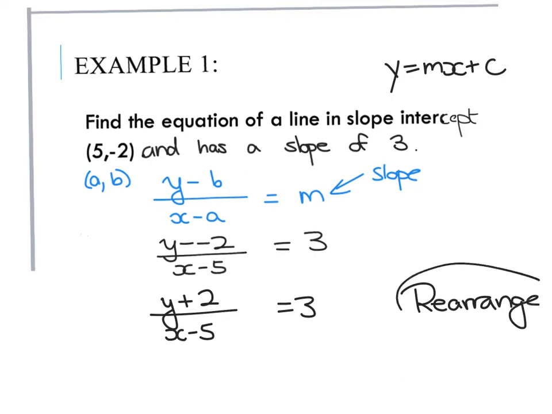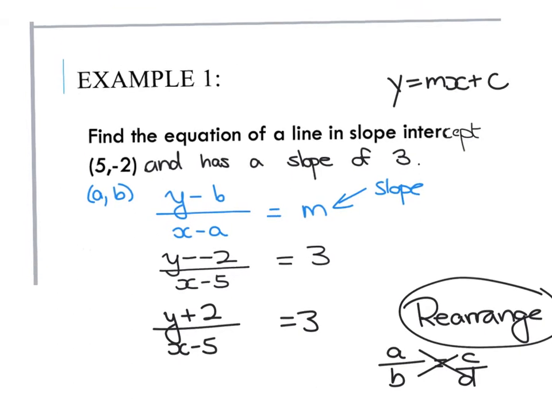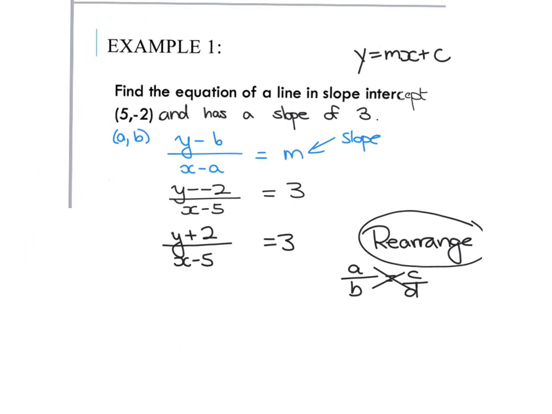Now remember, when we rearrange, if we've got a fraction next to a fraction, or equal to another fraction, we can just cross multiply. And when we cross multiply, that tells us that AD is equal to BC. So we do A times D is equal to B times C. So in this case, we've really got 3 over 1.